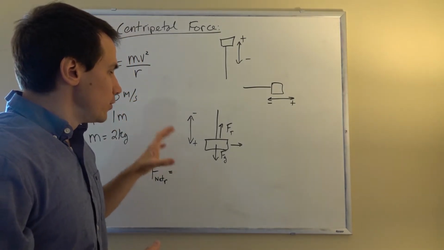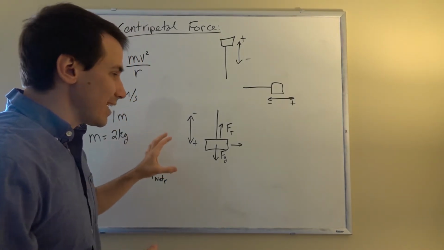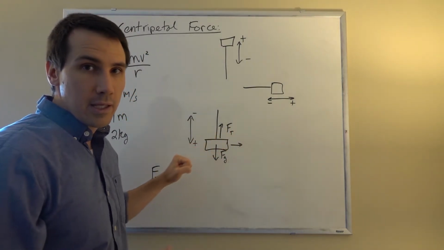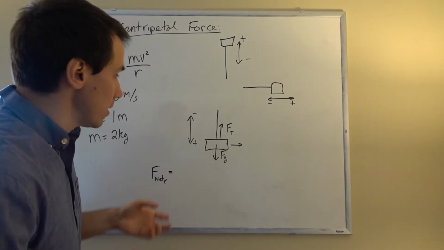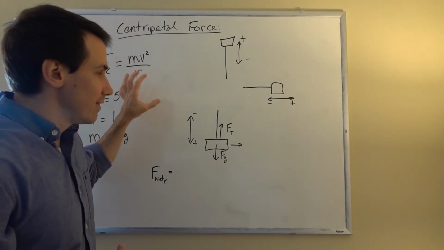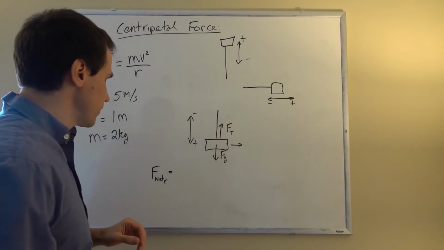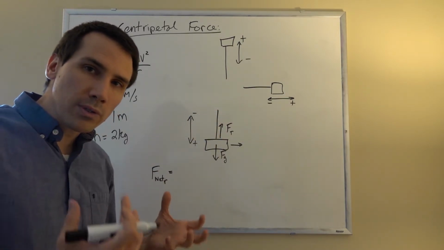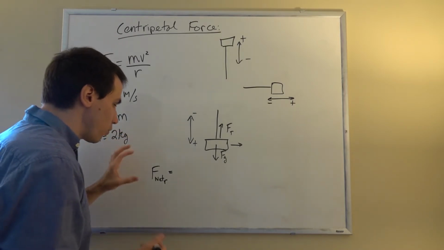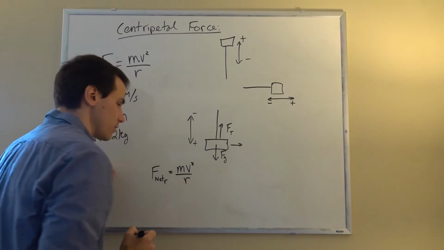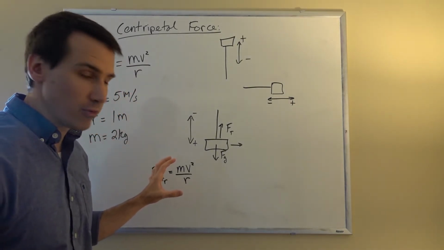Good. Notice we also do not care about any forces left or right in this case, because we are only concerned about the centripetal force, and the centripetal force is a radially inward force. Now, in order to stay moving in a circle, we require that the net radial force equal the centripetal force, mv squared over r.